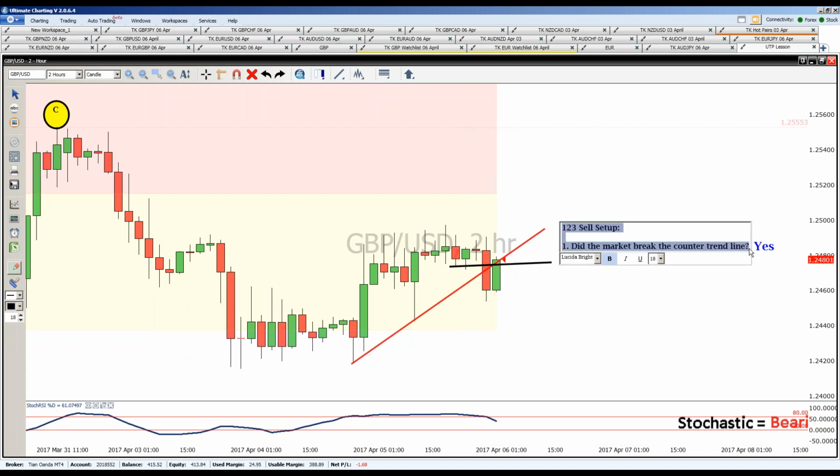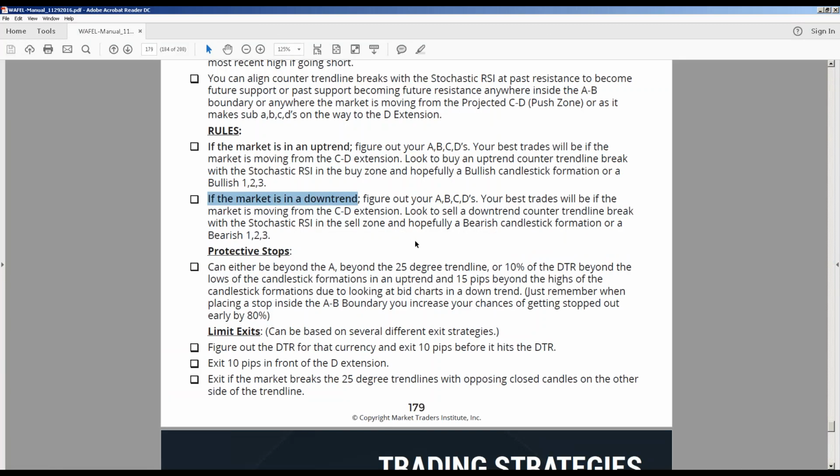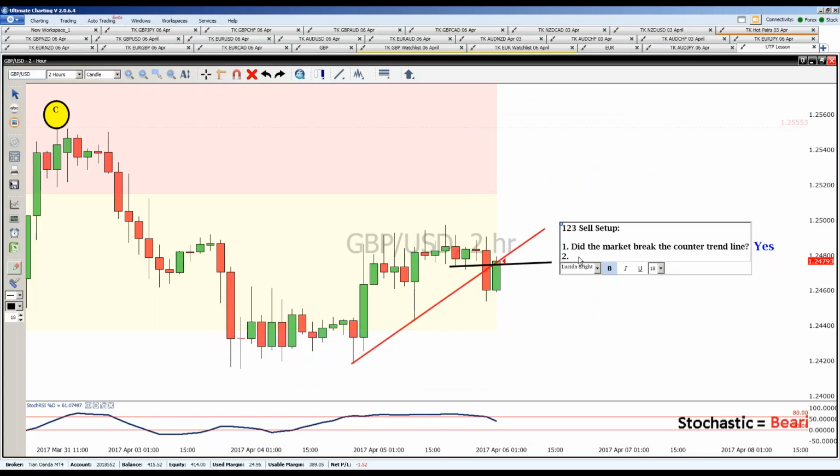The second question is, and for that we need to go back to the manual. Look to sell a counter trend line break with a stochastic RSI in the sell zone. Is or was the stochastic RSI in the sell zone?